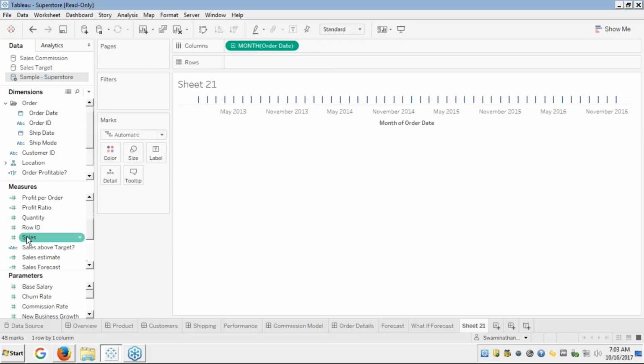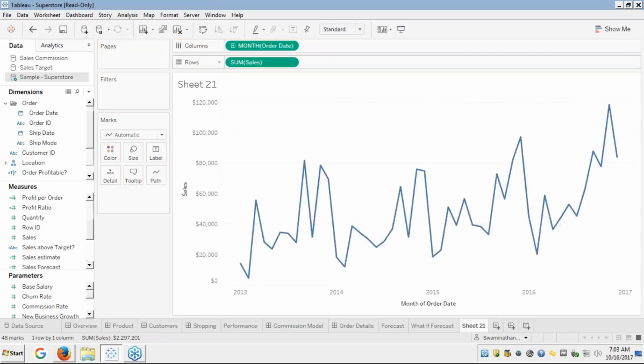What do I need to do? I would like to forecast the sales based on various segments. So I'm taking the segment field, which is in the measures. Let's see if a folder was created for segment as well. Yes, segment is available here.